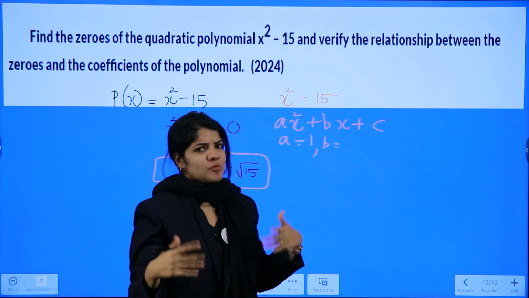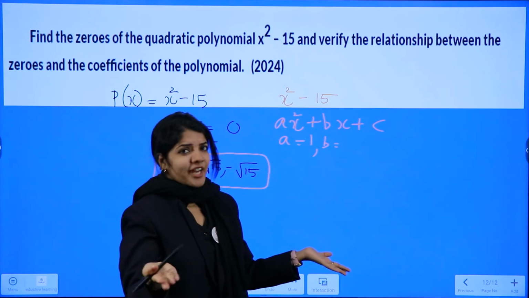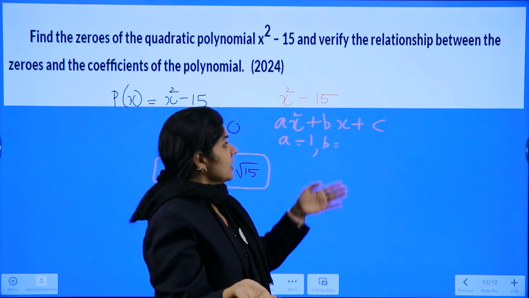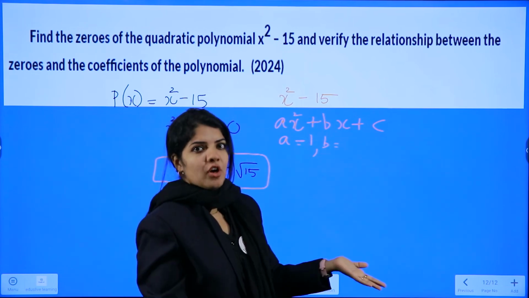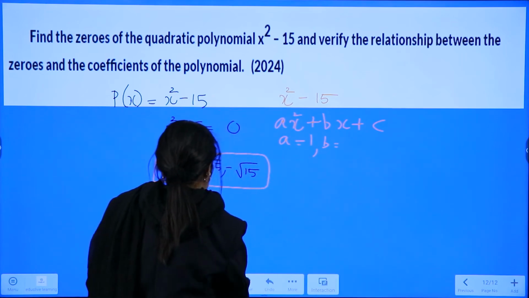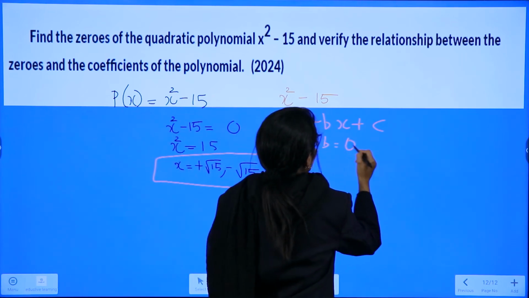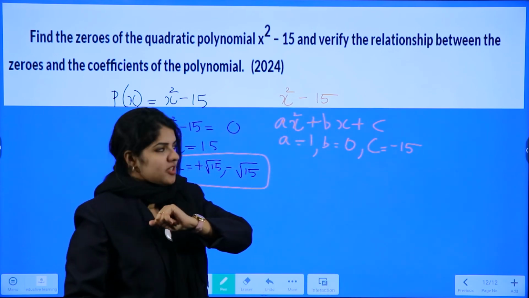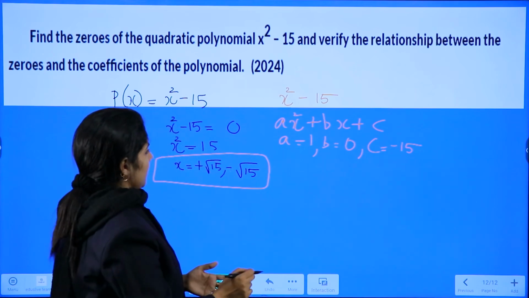There is no x term. So what will be the value of b? Anyone? Yes. As there is no x term, there is no coefficient of x also. That is, b value is 0 and c value will be negative 15. Okay, it is negative 15. Don't take it as positive 15.